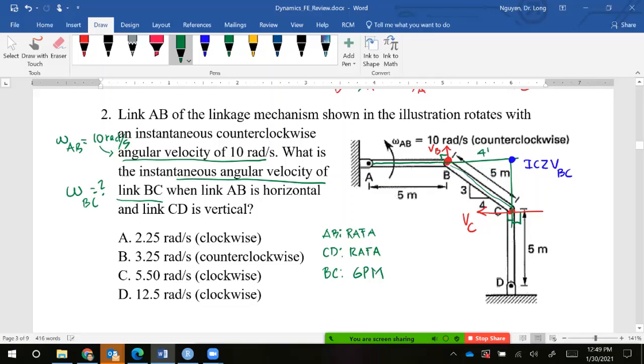Hey, Dr. Nguyen. Yes. I don't know if you're writing something you need us to see, but we can't see it. Oh, so my internet problem. You cannot see? I just see the diagram. Can you see me move my mouse? Yeah, I can see the mouse, but I can't see what you're writing.